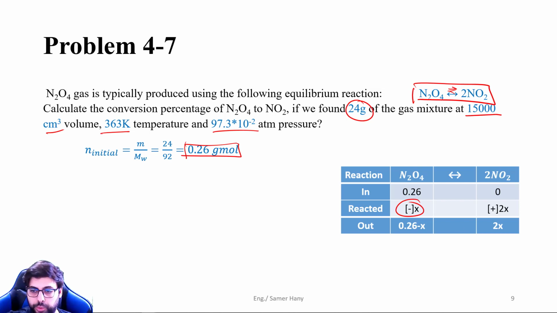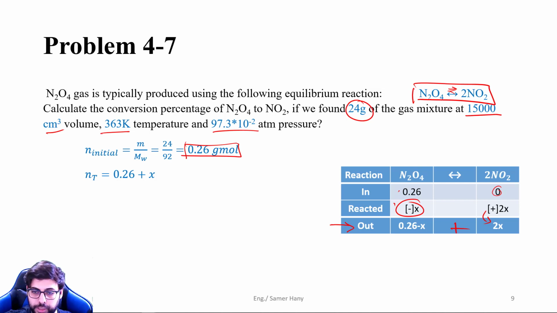And at any point, as a function of X, the total number of moles remaining would be the inlet minus the reacted for each component for the reactants, and for the products will be the inlet plus the produced inside the reaction. So the total number of moles from this expression here, summing these two together, will be just 0.26 plus 1x in here.